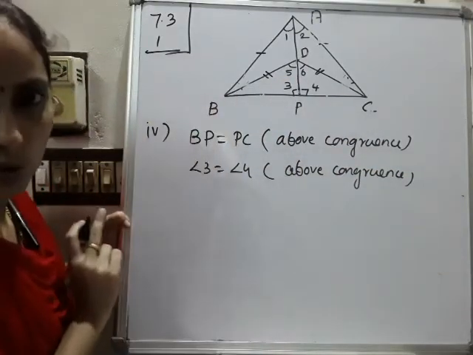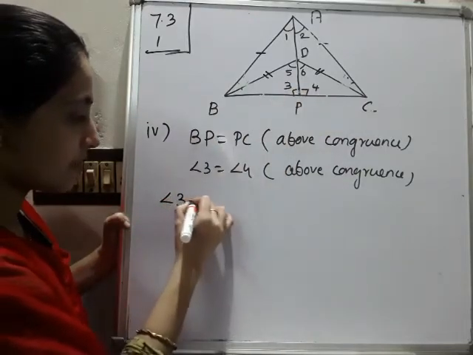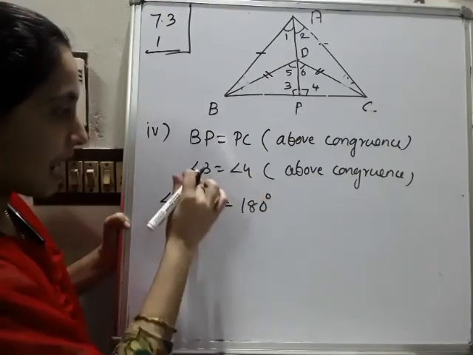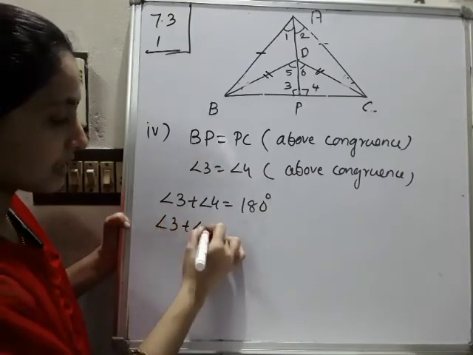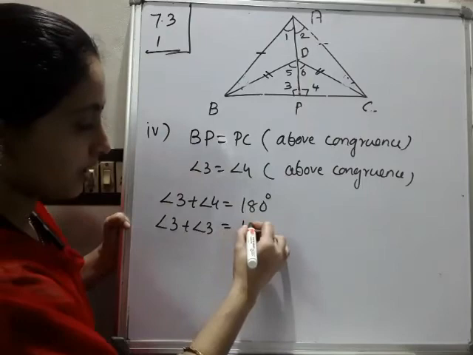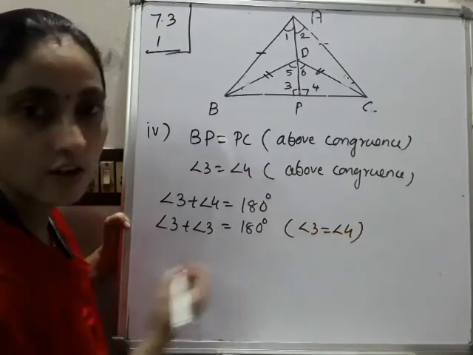Then please go through that angle 3 and angle 4. That is a linear pair. So we can write angle 3 plus angle 4 is equal to 180 degree. Angle 3 and angle 4 are equal. So angle 3 plus angle 3, I can replace, because angle 4 is the same as angle 3. Reason: angle 3 is equal to angle 4.